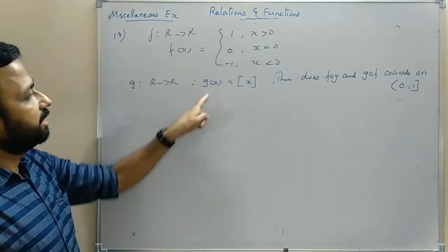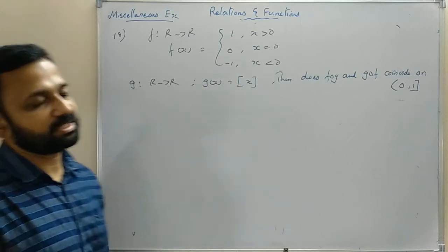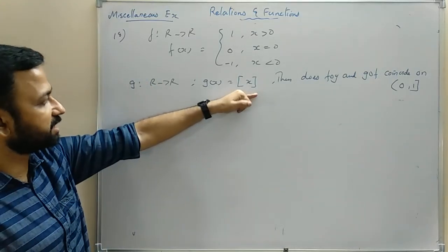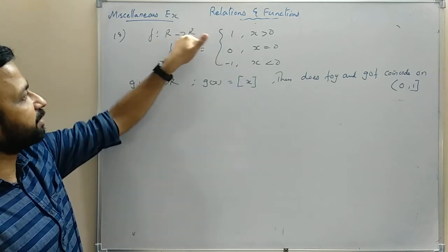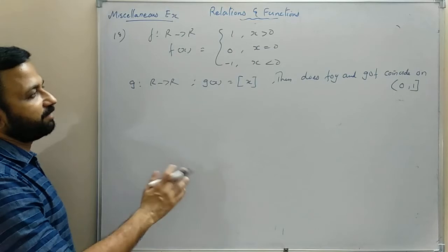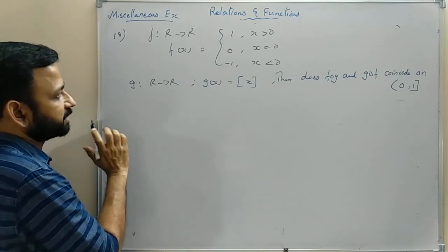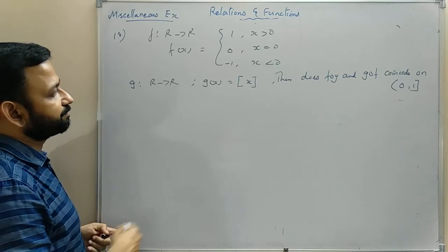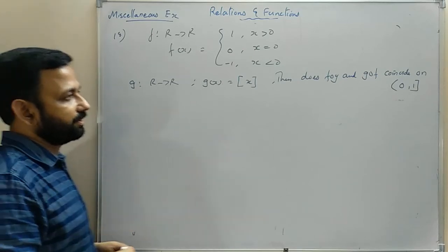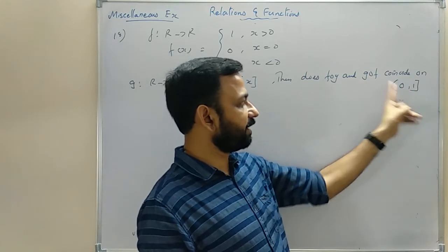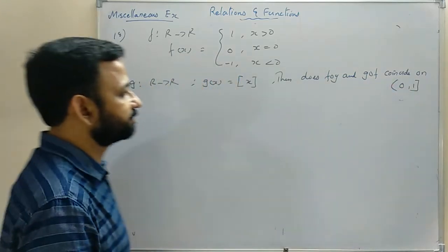So this is our question. And here g(x) is the greatest integer function, greatest integer less than or equal to x. We already learned this in 11th standard. And f is a function from R to R and f(x) is given. So first we can find the greatest integer function. So here we need to check whether f composition g and g composition f coincide in this interval.